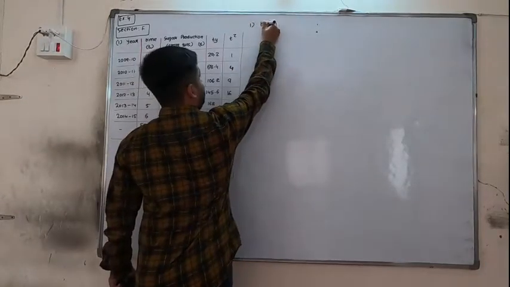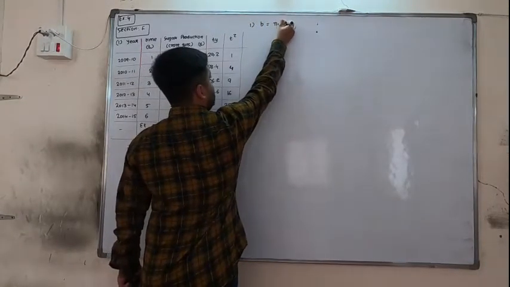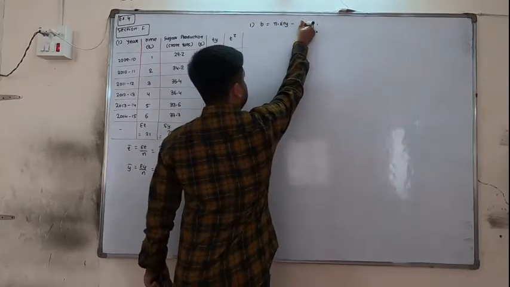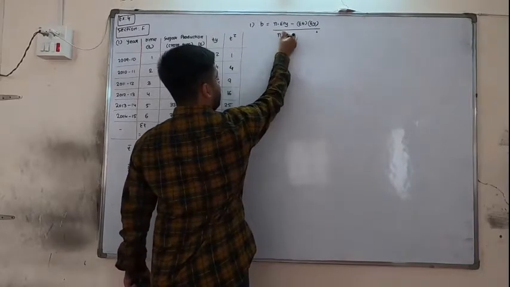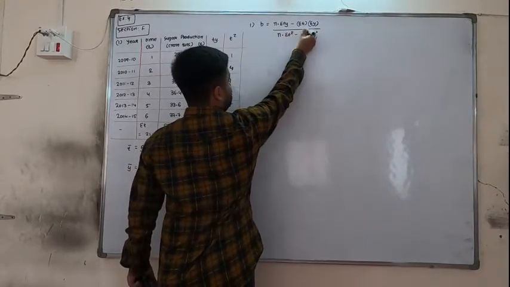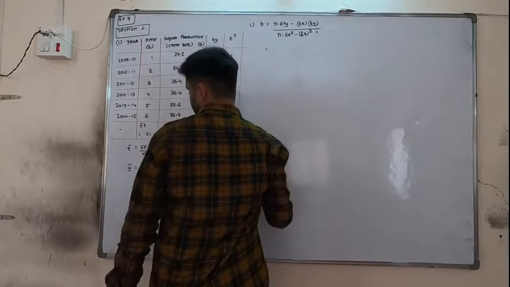First step, B is equal to n into sigma ty minus sigma t multiply sigma y, divided by n into sigma t square minus sigma t whole square.